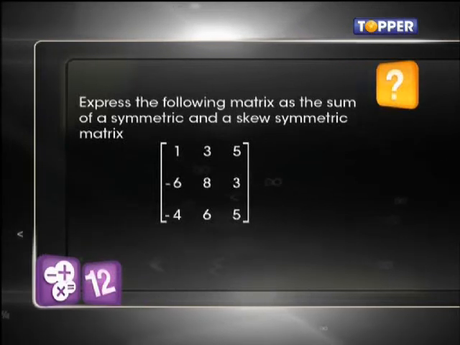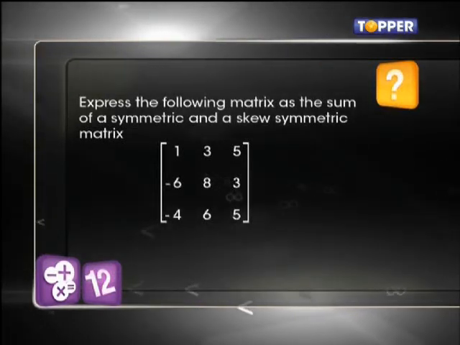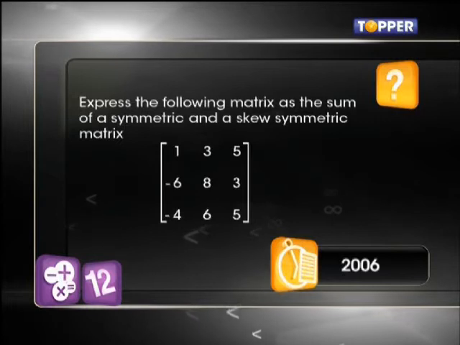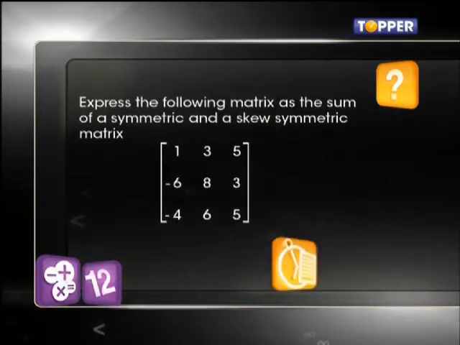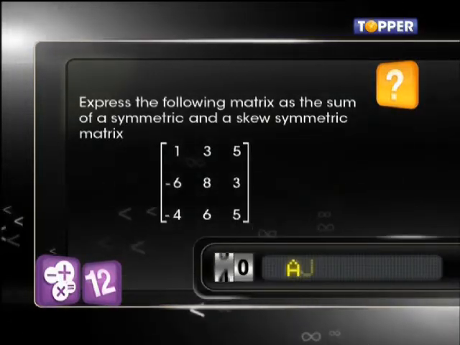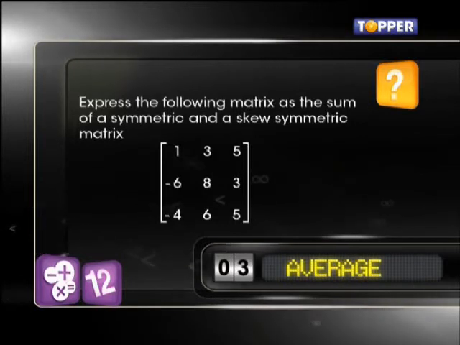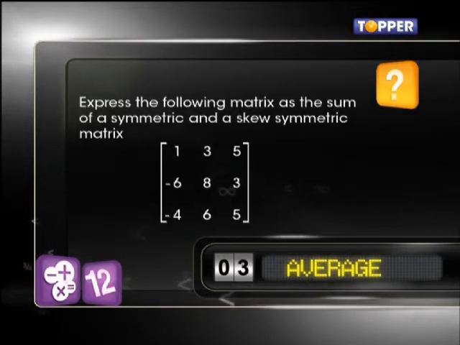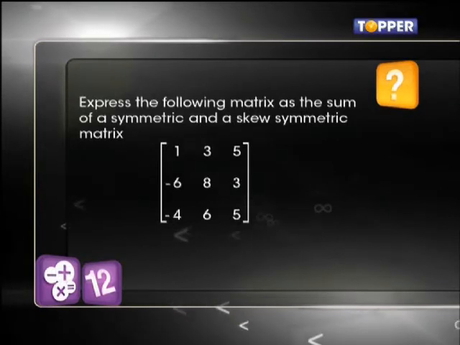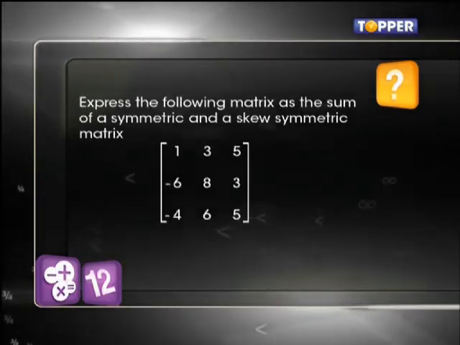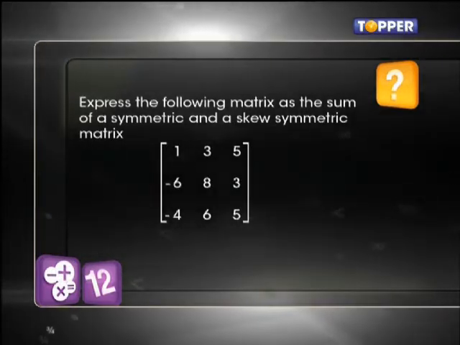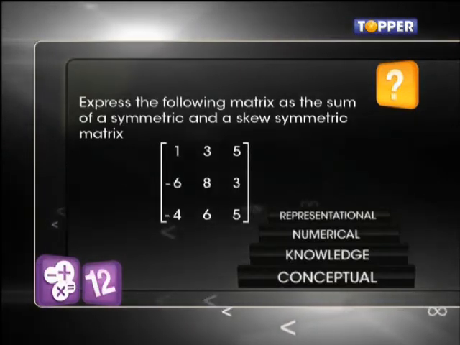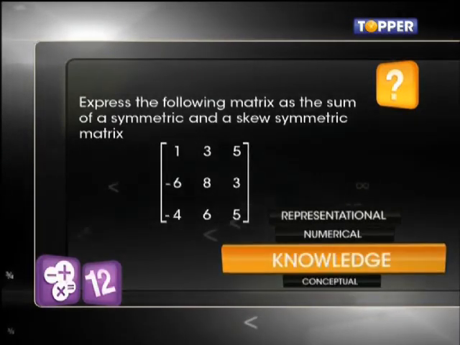Next, we have a 3-mark question from CBSE's 2006 question paper. On the difficulty meter, this question is average, so you shouldn't have much trouble answering it. Express the given matrix as the sum of a symmetric and skew-symmetric matrix. This question is based on knowledge ability.